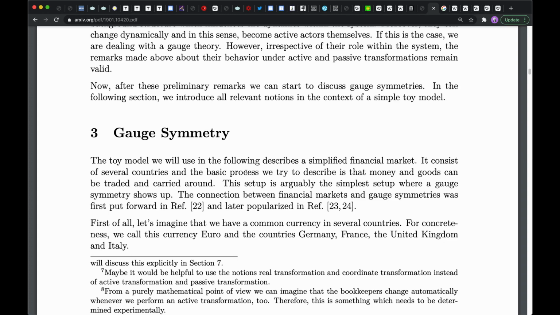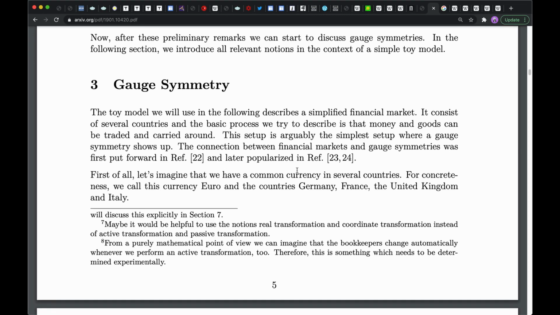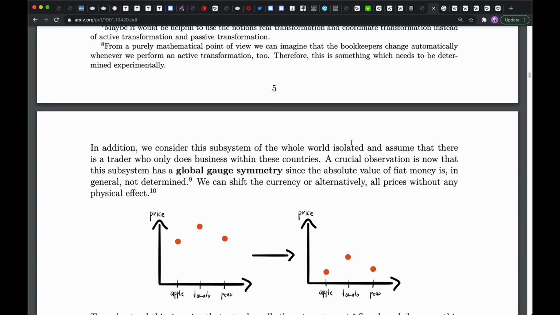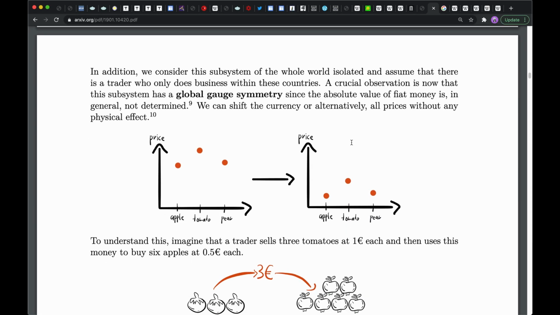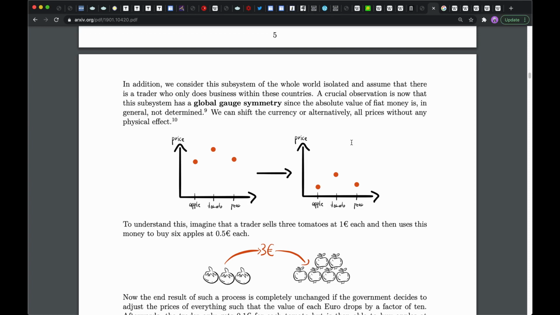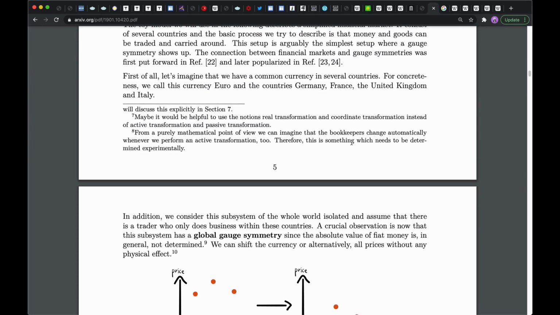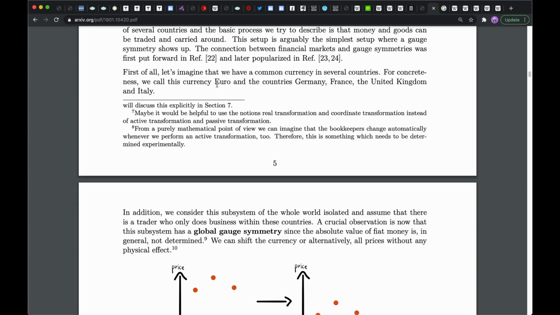So in chapter 3 here, the author begins to talk about the economical toy model, like a small financial market example. For example, we can have Europe, with a few countries inside like Germany, France, United Kingdom, and Italy, and we can have a global currency like the euro.